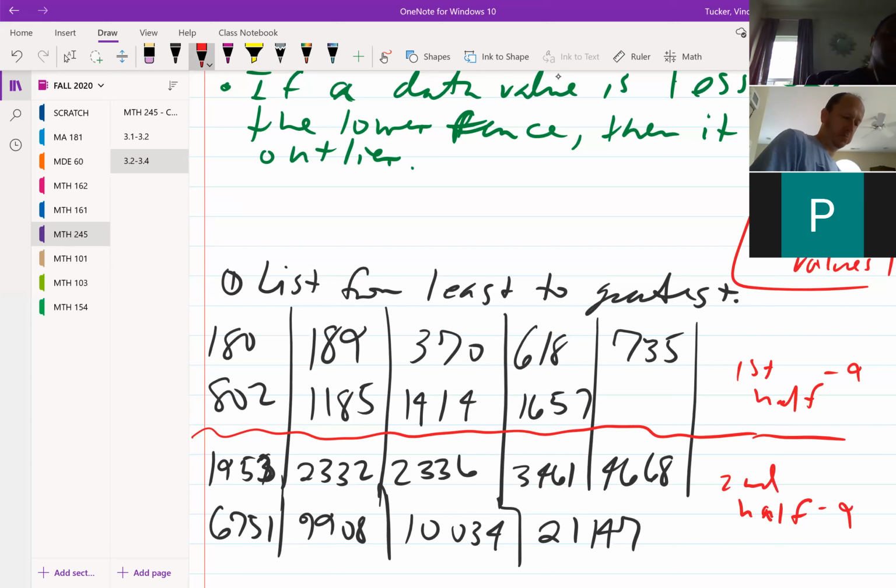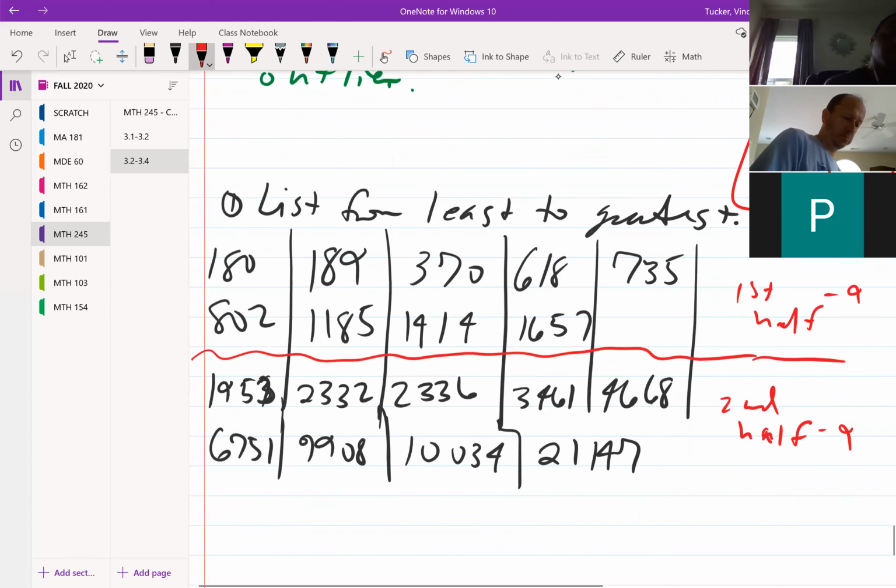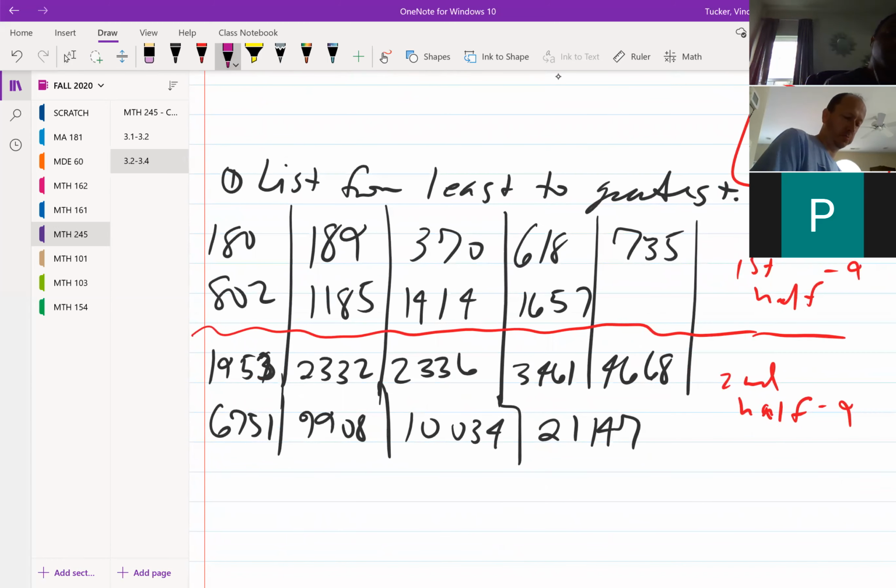Well, 9 values in the first half of data, 9 values in the second half of data. Remember, all that matters when you're trying to find your medians. We're going to find the medians of the data set. So all we want are middle values.